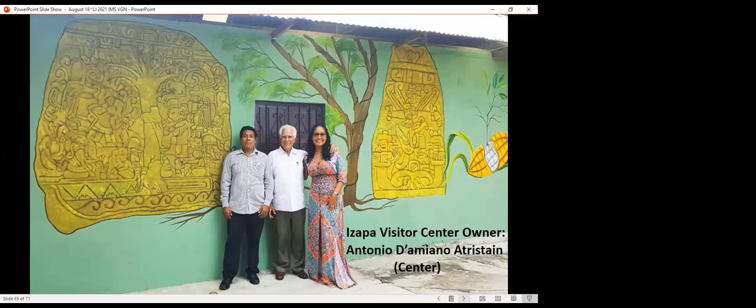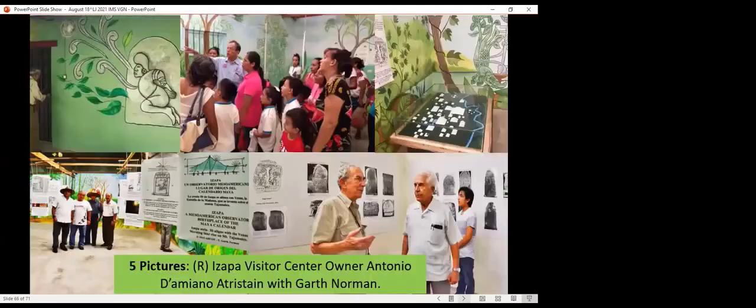This is Antonio Damiano Turistan at the center with his wife and his personal artist who did the murals and paintings on the inside and the outside. Did a beautiful job.